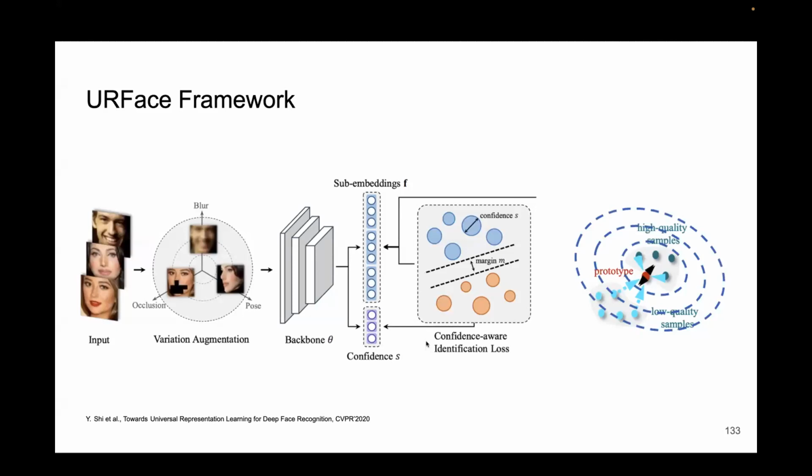Practically, we set up several groups and let each group of sub-embedding from the holistic feature deal with one specific variation: the first group deals with the occlusion, the second group with the blur, and the last one with the pose.